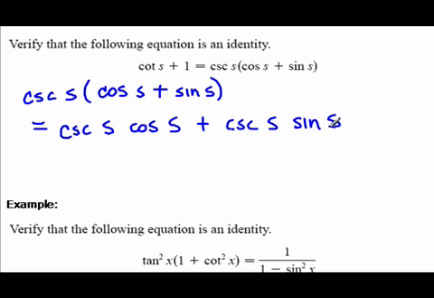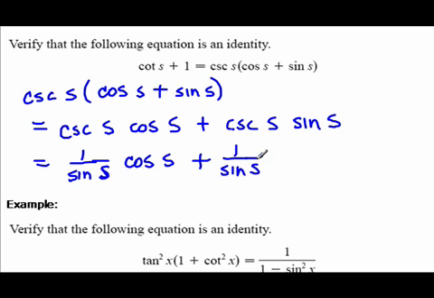Now I'm going to take the two cosecants and remind myself what they are equal to. Cosecant is the same thing as 1 over sine. So 1 over sine s times cosine s plus 1 over sine s times sine s.